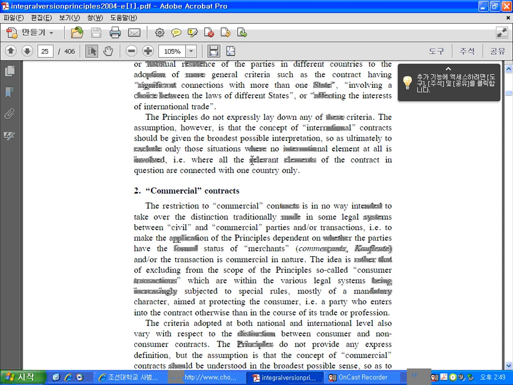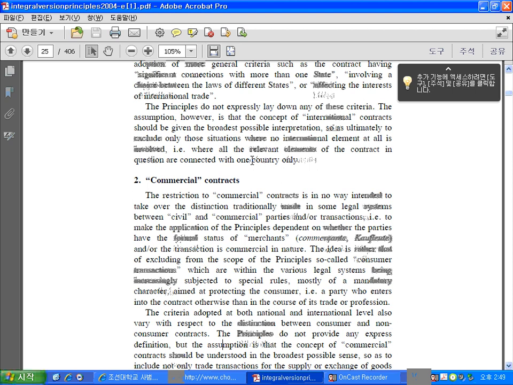The restriction to commercial contracts is in no way intended to take over the distinction traditionally made in some legal systems between civil and commercial parties and or transactions, to make the application of the principles dependent on whether the parties have the formal status of merchants and or the transaction is commercial in nature. This also applies to your case.